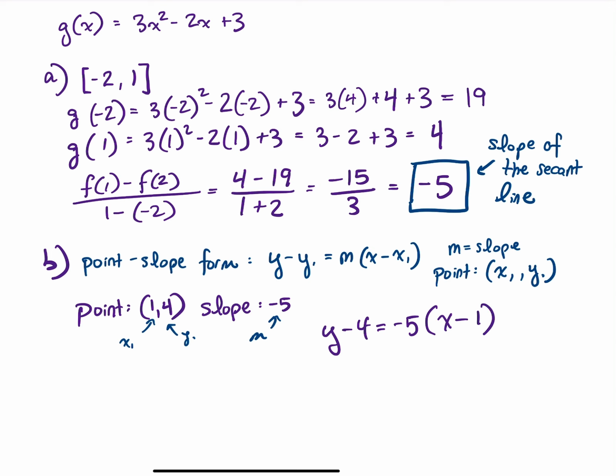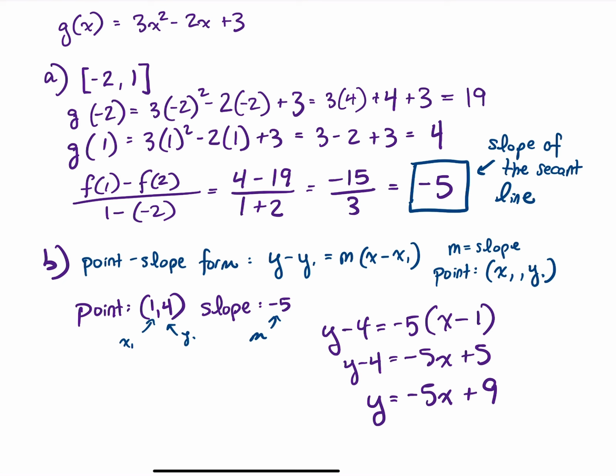And I'll just turn this into slope-intercept form. So let's multiply this out and solve for y. So I'll say y minus 4 equals -5x plus 5, distributing the -5 through, and then I'll add the 4 over. y equals -5x plus 9.